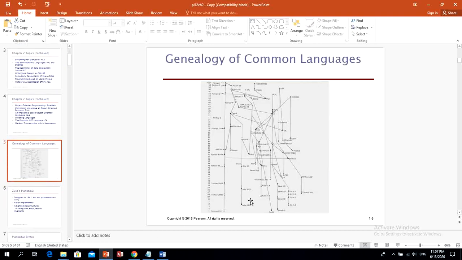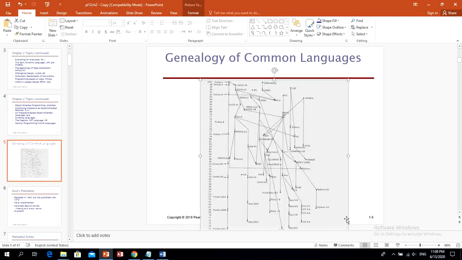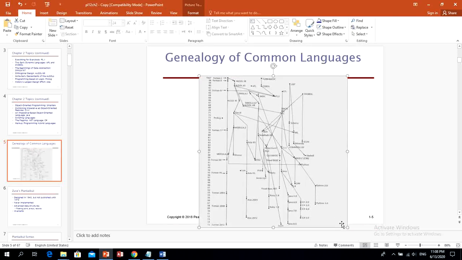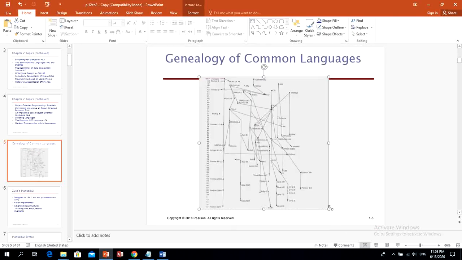So here is a picture or an image showing the evolution or the historical listing of these languages. Let me show it here bigger.